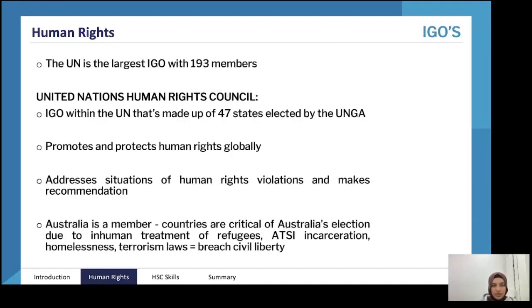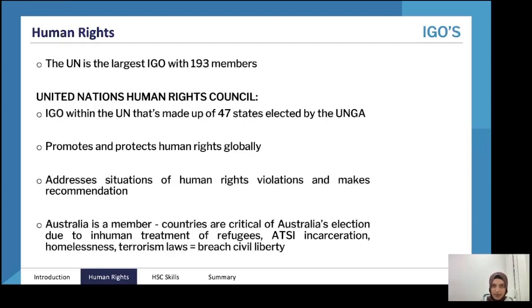So IGOs, the UN obviously is the biggest IGO with 193 members. The United Nations Human Rights Council, an IGO within the United Nations, is made up of 47 states, and it's elected by the UN General Assembly. They're there to protect human rights globally and promote them, address the situations of human rights violations, and then make recommendations as necessary.